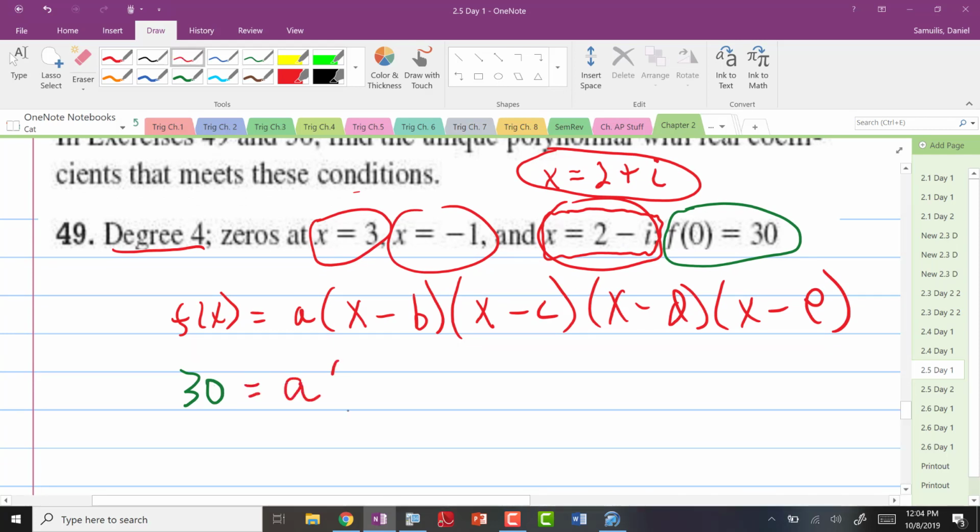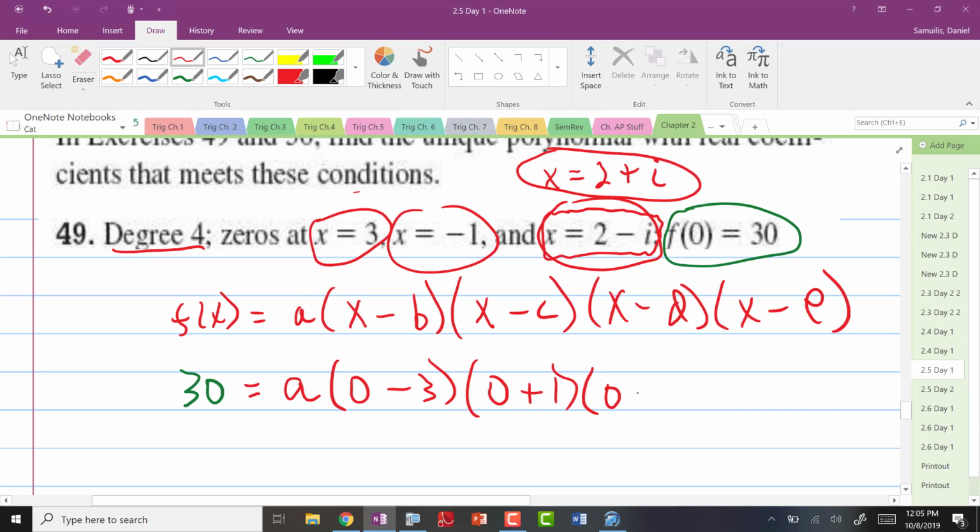You don't know that. What goes in for x? 0. What goes in for b? 3 or minus 3. You already called it negative 3. What goes in for c? Negative 1, which makes that plus 1. I'm just playing the game, filling in the zeros in their spots. And it just so happens they give you the y-intercept, so I get to plug in 0 for x.